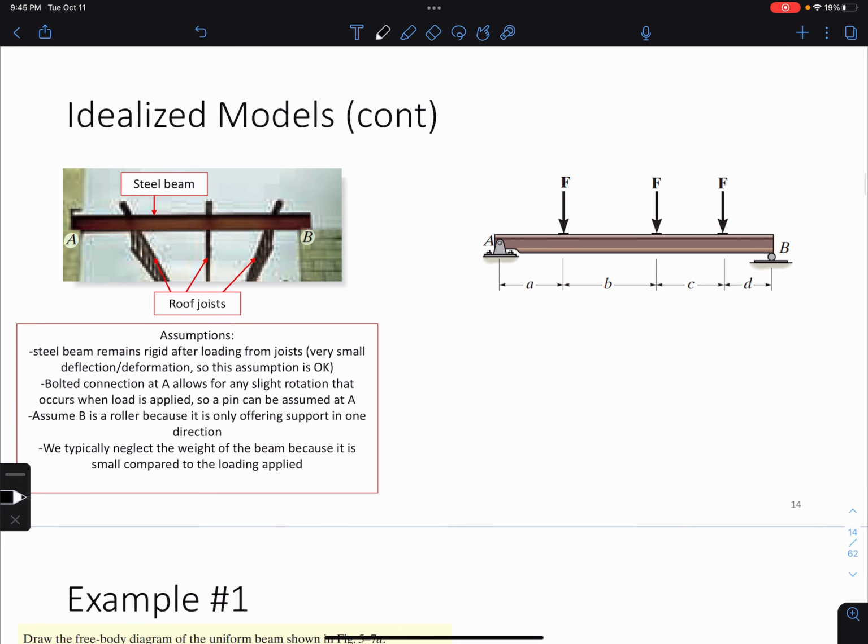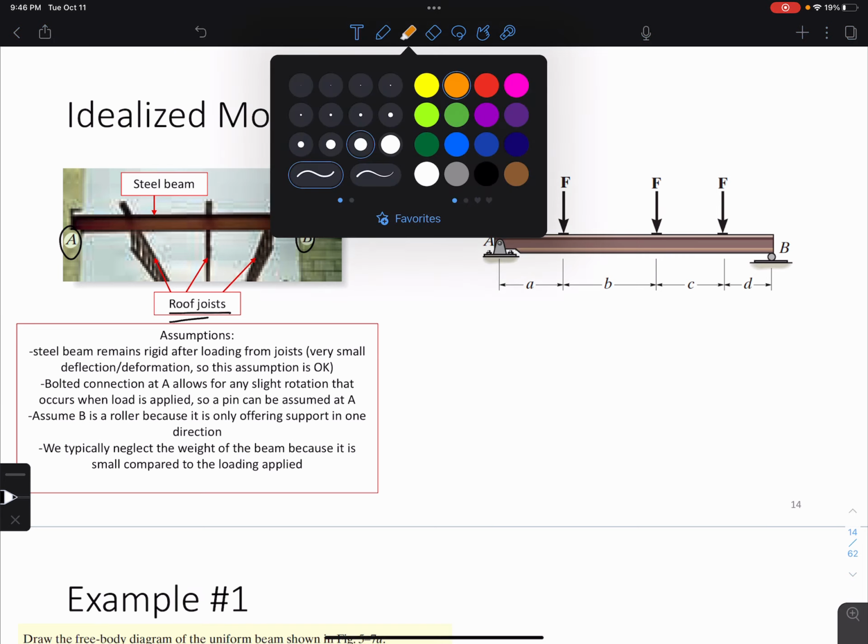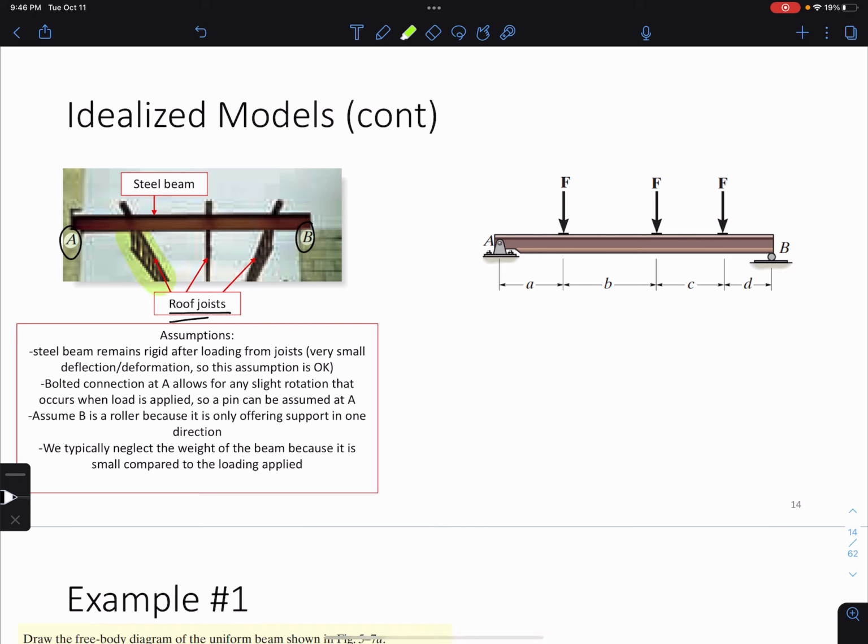Here's one example of an idealized model. Here we have a steel beam spanning from point A to point B. Along these steel beams, we have roof joists. These roof joists here are placed on top of the steel beams.